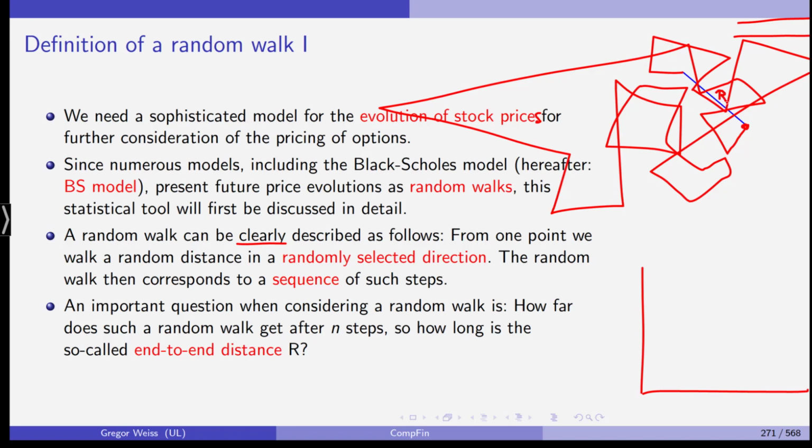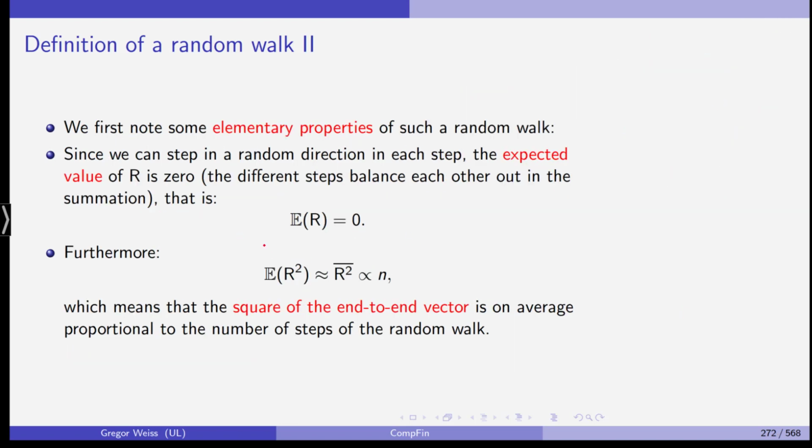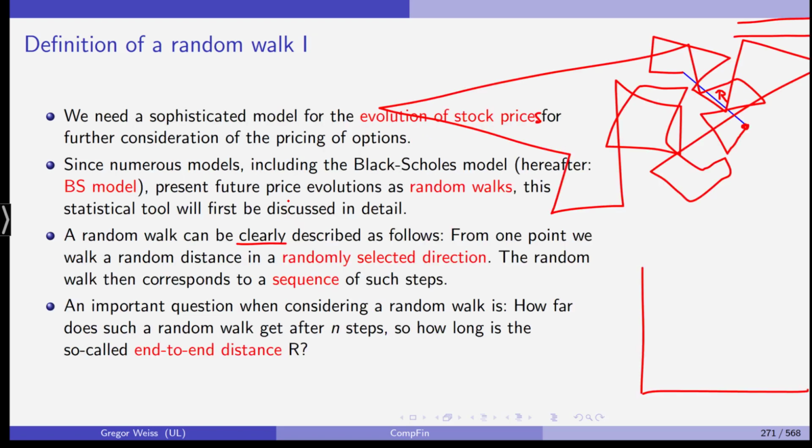And not surprisingly, in expectation, the length is 0. So if you start, for example, here, and you walk into a random direction with a random step length, it might get you here, but this is one example. The second example could be like this.